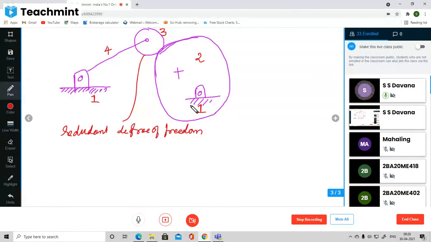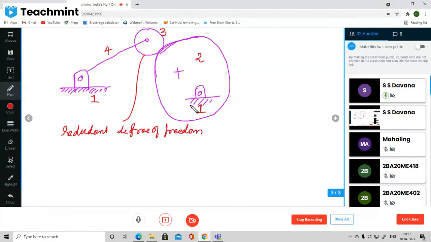So before finding out the degrees of freedom for such linkages, it is necessary to find out the elements which cause redundant degrees of freedom before substituting into the equation.